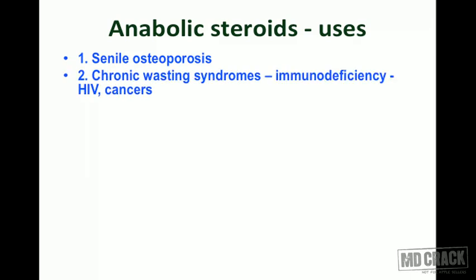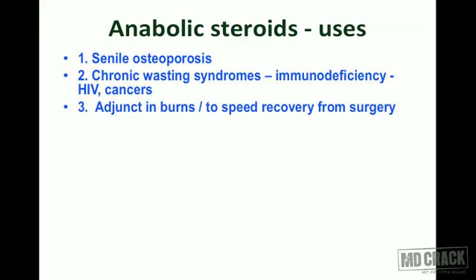Next, if the patient suffers from chronic wasting syndromes, like a chronic immunodeficiency state, that's HIV disease, or a cancer, and the patient suffers from chronic severe wasting, you can think of giving a boost by using anabolic steroids. They are useful as adjuncts in the management of burns, and they're also useful to speed the recovery from surgery.